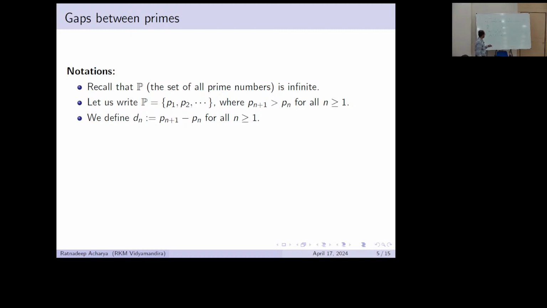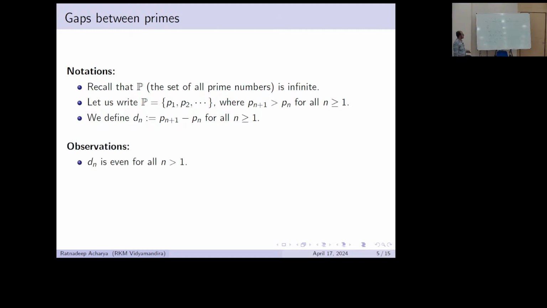For example, if the sequence of primes is 2, 3, 5, 7, 11, 13, so the sequence of gaps is 1, 2, 2, 4, 2, and so on.